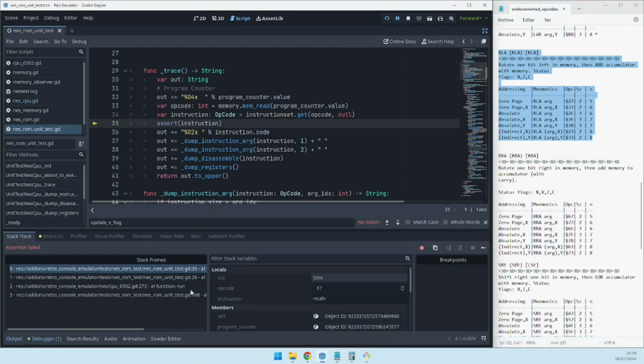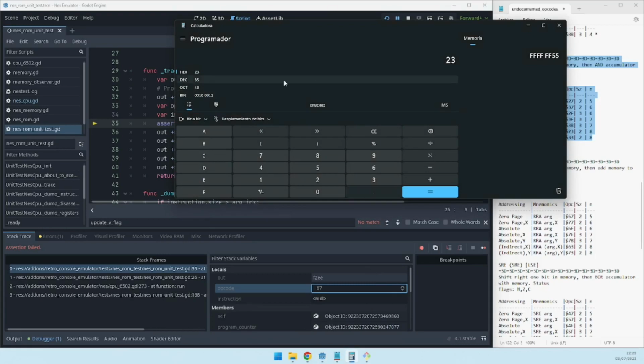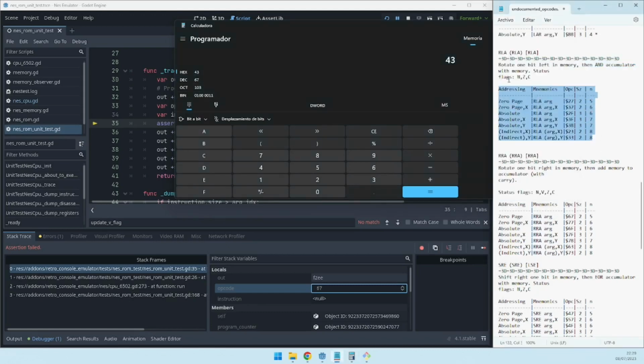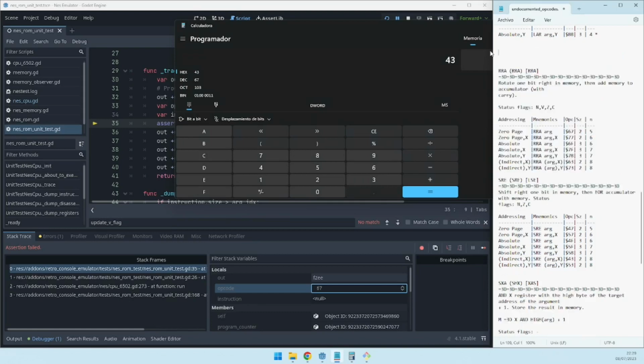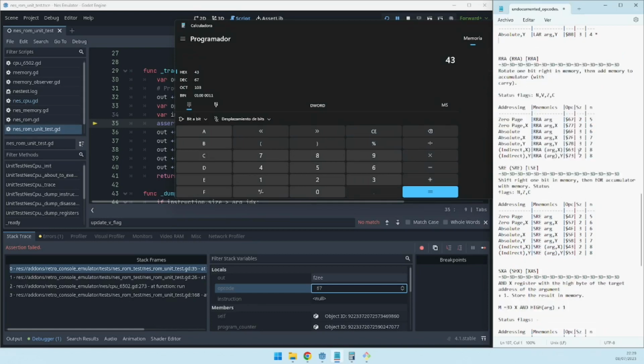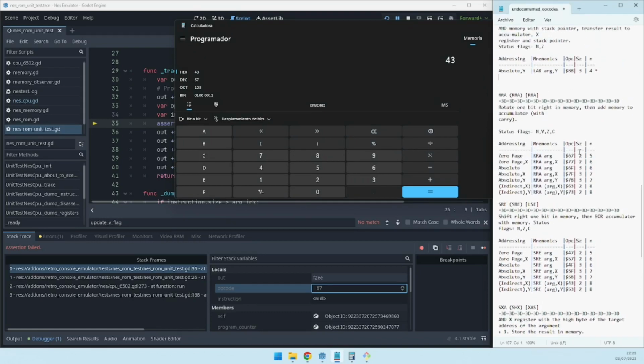So, next instruction 67. Decimal 67. It's hex 43. So we finished this one. Let's delete it. And do I see 43?